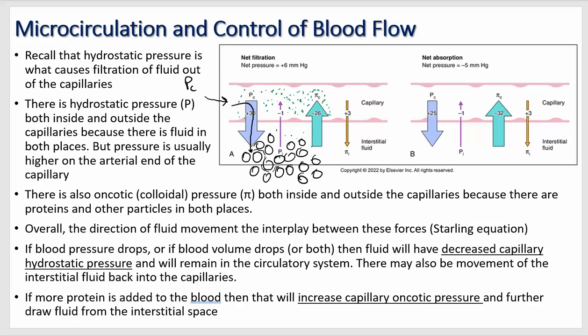So we have an overall pull of fluid back against the hydrostatic pressure. The hydrostatic pressure is pushing out here. We have numbers. It's pushing out at 30, the hydrostatic. And the hydrostatic pressure from the interstitium is -1, so whatever. That's not enough to matter. So you've got overall 29 pushing out, 26 pulling in.